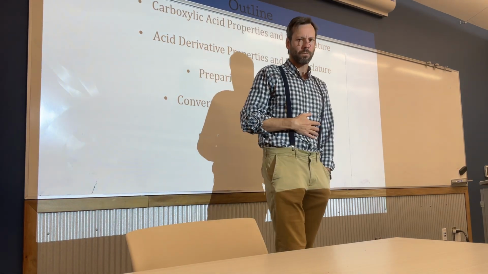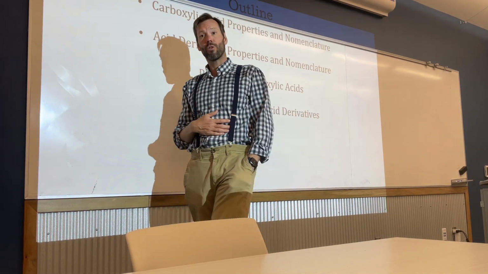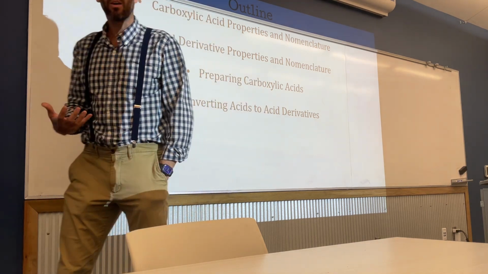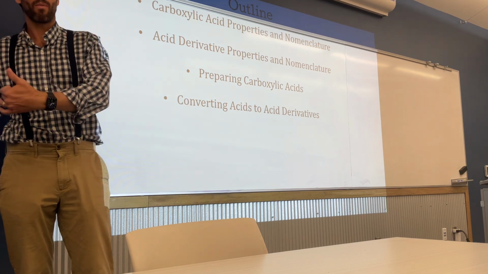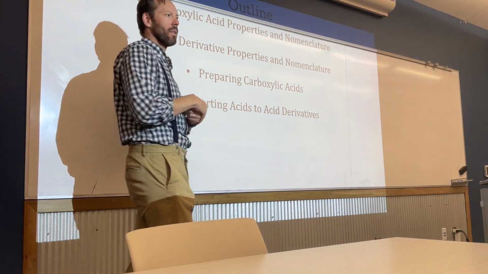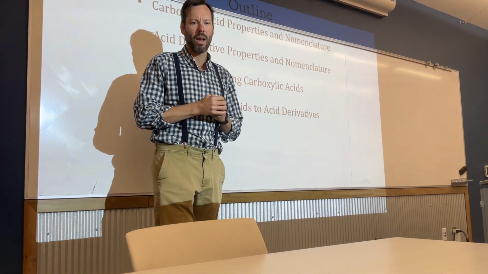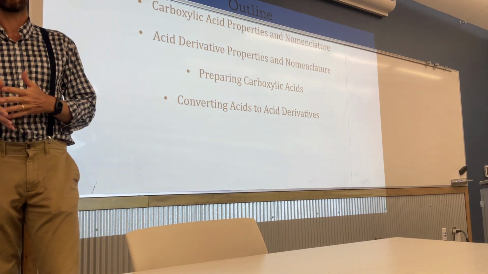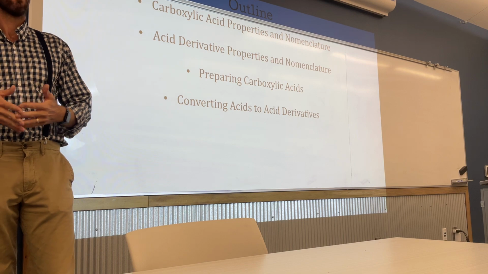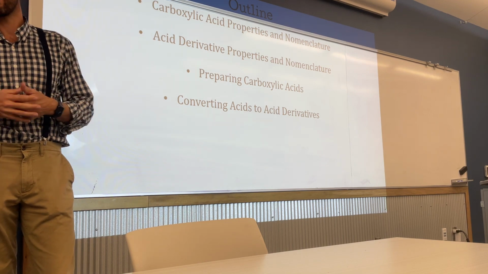Okay? And carboxylic acids are a major component of amino acids. That's where it gets its name. It has an amine group, a carboxylic acid group. And depending on the pH of the body, which is pretty stably 7.4, that's going to either have it deprotonated or in its protonated form.